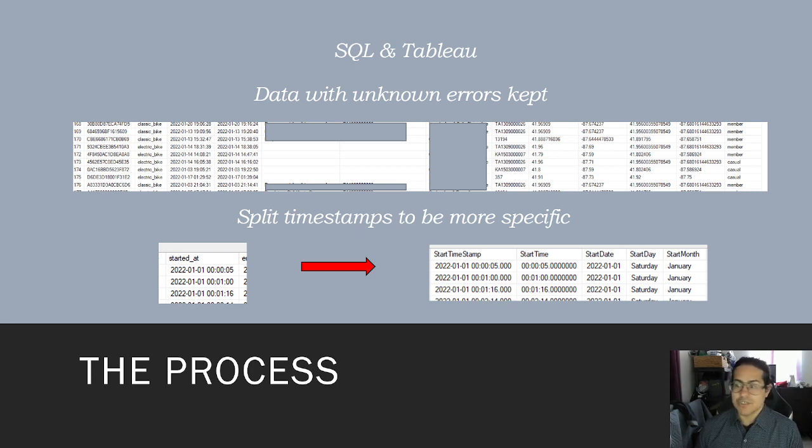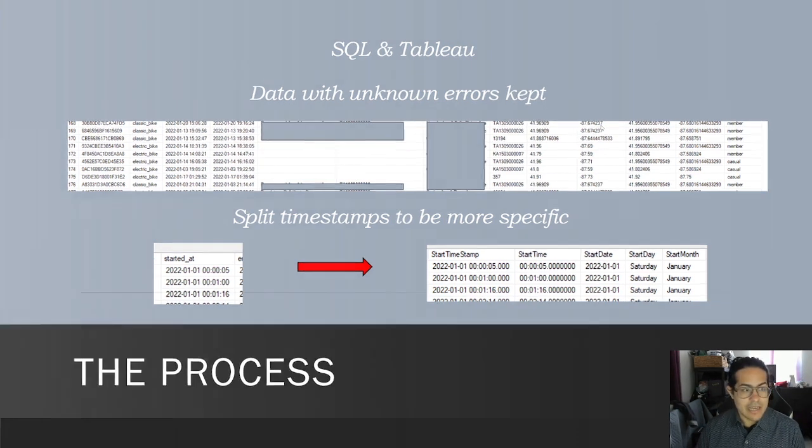But I further extracted that so I could get the time, the date, the day, and the month. So what this lets me do is just further inspect if there's patterns within any of those intervals. If there's a specific start time that's busier, if there's a specific day of the week that is busier, if there's a specific month that is slower, all of those kind of things I can do now because I separated that timestamp into more columns.